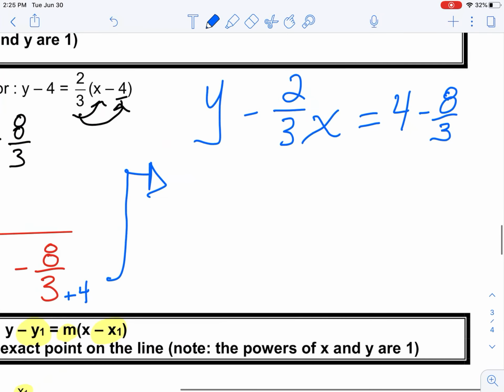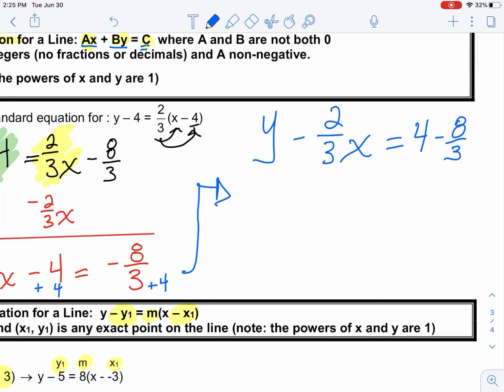So at this point, we're going to finish it off and get rid of those variables. At this time, I can go ahead and clear the fractions by multiplying both sides by the denominator, 3. Okay, so when I distribute, I get 3y, and then when I distribute over here, the 3's will cancel out.